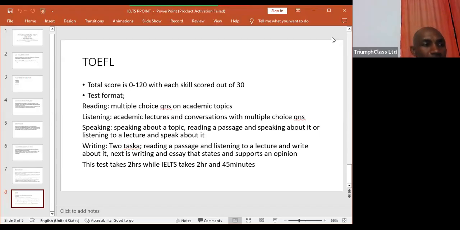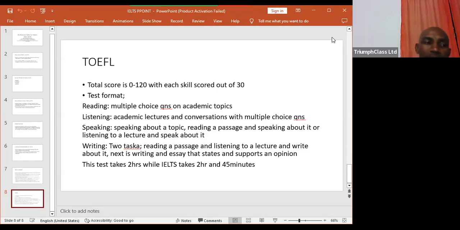And the fourth one is to master paraphrasing and summarizing. In the writing test, for example, you listen to a text or you read a text and they say you write about what you have read or what you have listened to.